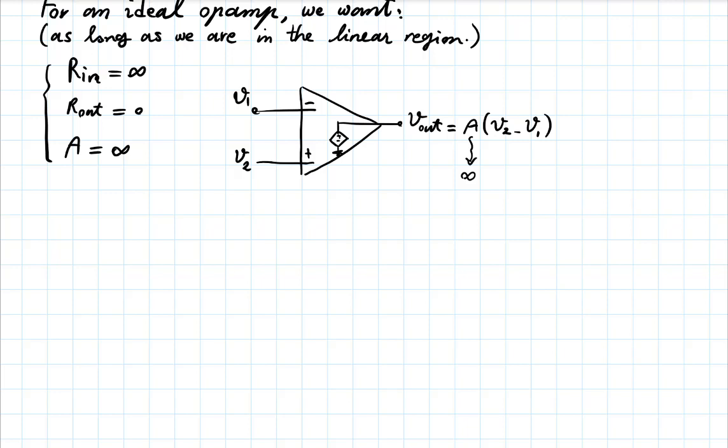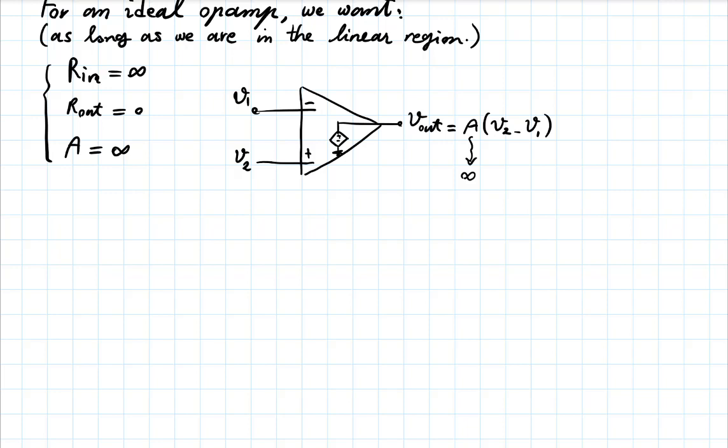which means your output is going to be saturated to either the positive supply or the negative supply voltage. If V2 minus V1 is a positive number, even a tiny positive number, your output is going to be saturated to the plus side.